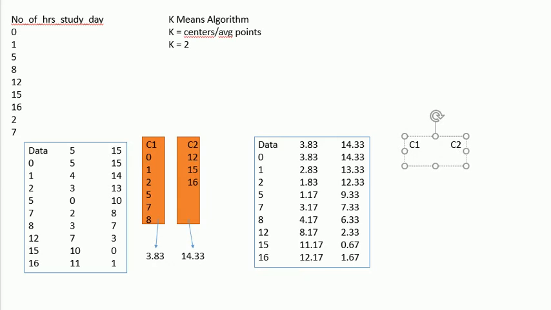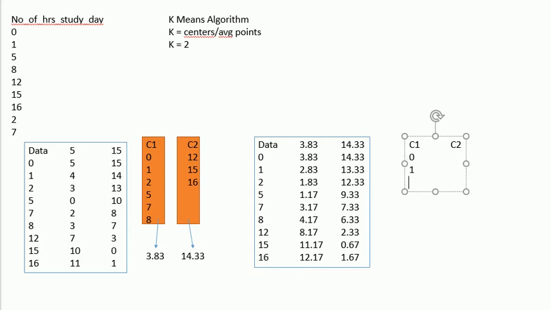So under C1, if you see the data point 0, it has less distance towards 3.83, so 0 will come here. Then 1 will also come in C1, looking at the distance.